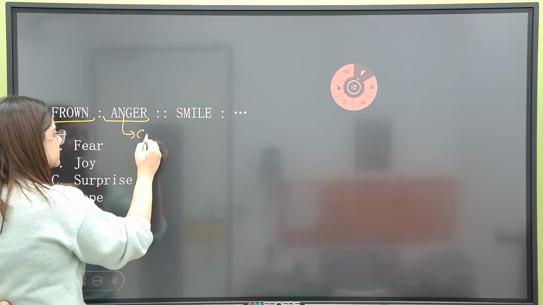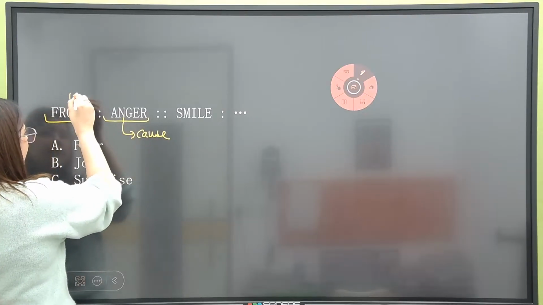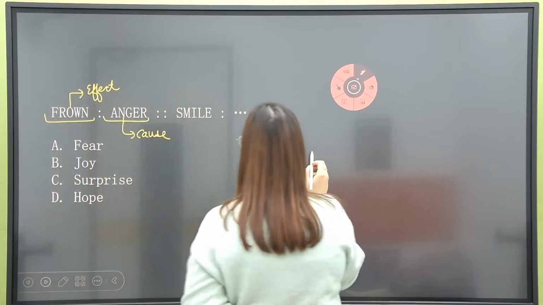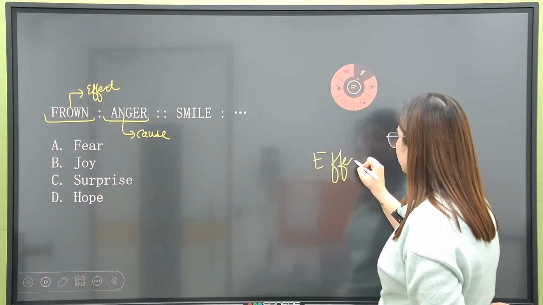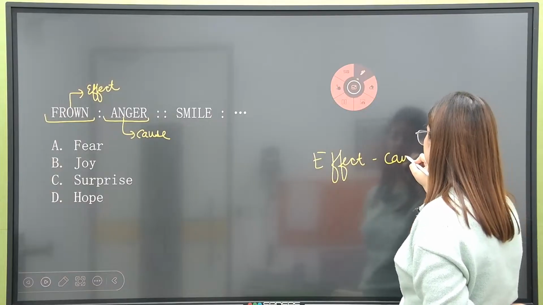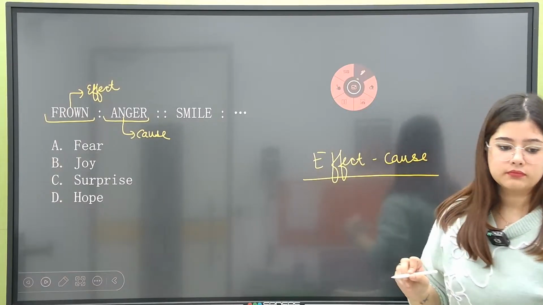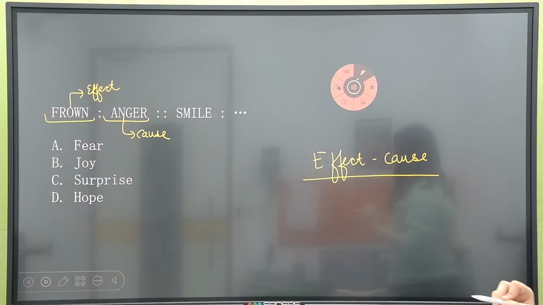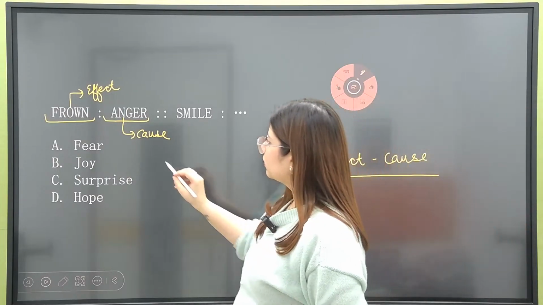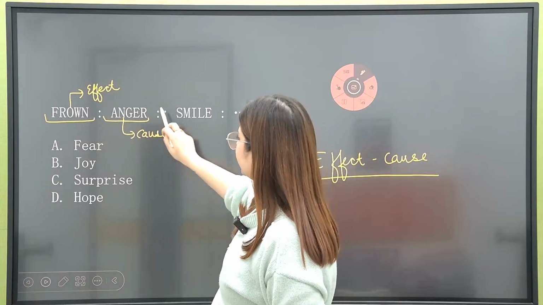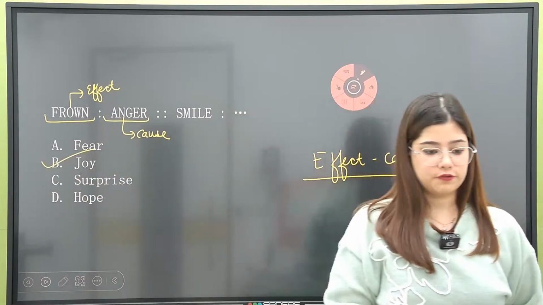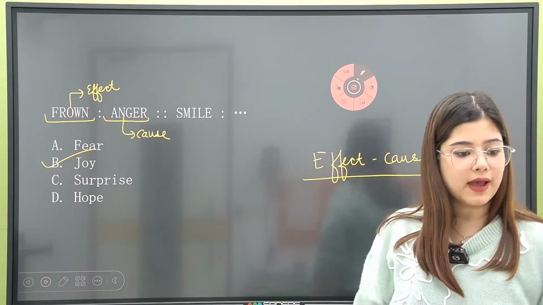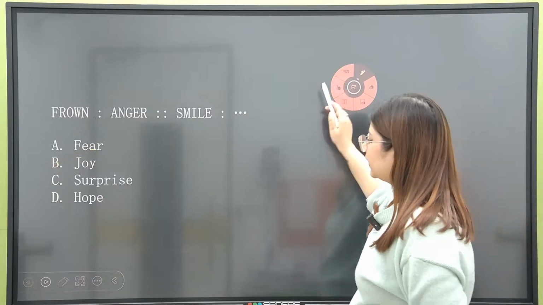So, anger is the cause and frown is the effect. So, my relationship right now is effect, cause. We frown because we are angry. We smile because we are joyful. We are happy. So frown is to anger, such as smile is to joy.